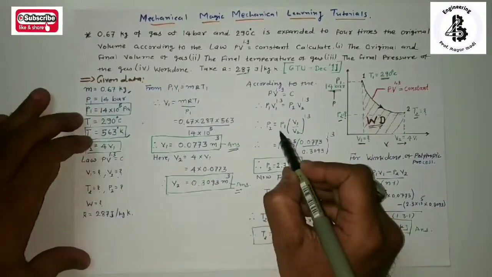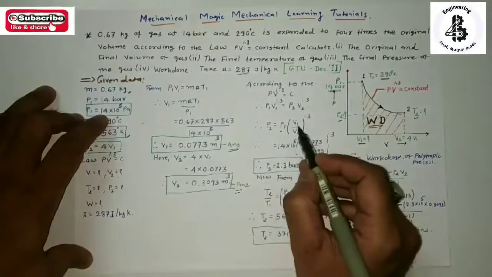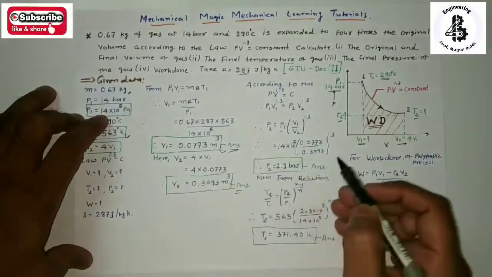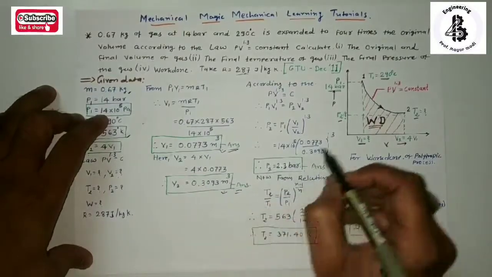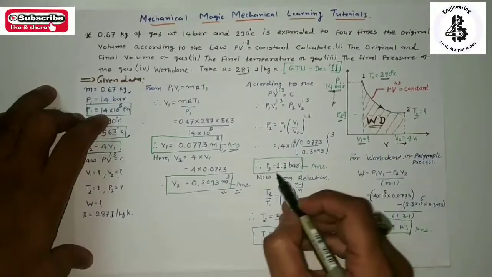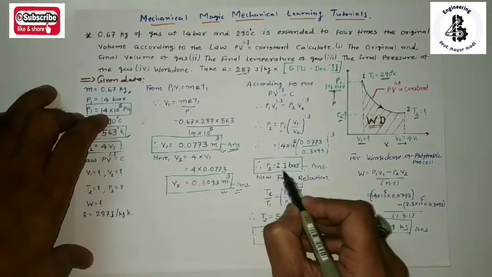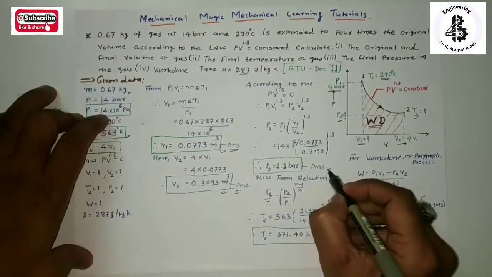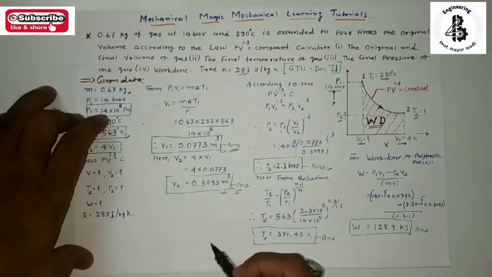Put the value of P1, 14 × 10^5, V1 the initial volume, V2 the final volume, raised to 1.3. By calculation, you will find P2 = 2.3 bar. That will be the final pressure of the gas.